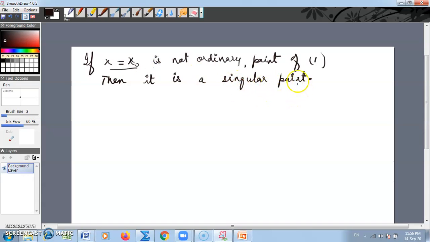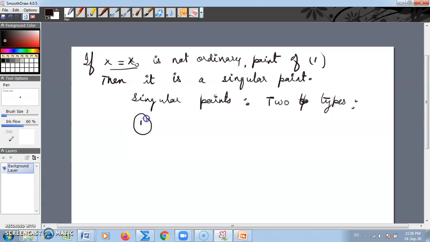Then singular points are again of two types. And what are they?